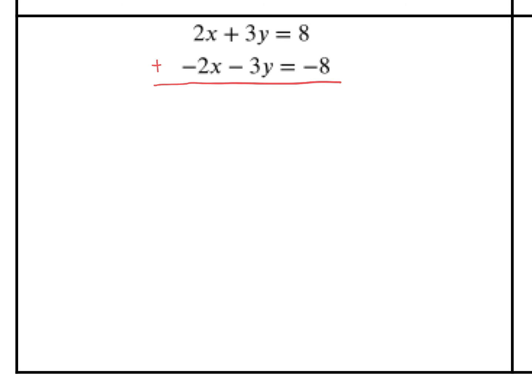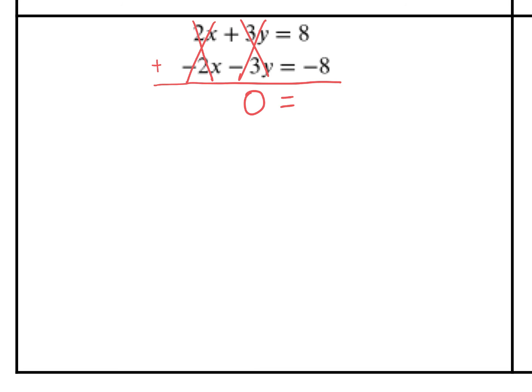2x plus negative 2x is the same thing as 2x minus 2x. So these cancel out. Then we have positive 3y minus 3y. So the y terms also cancel out. So that means on the left side of this equal sign, we're just left with 0.